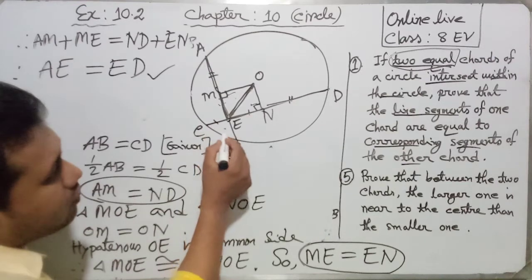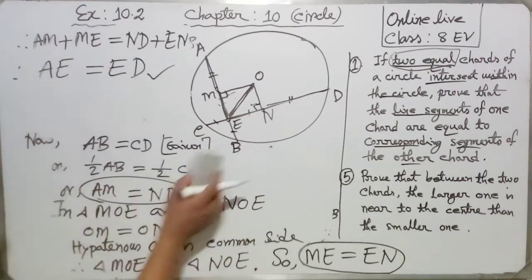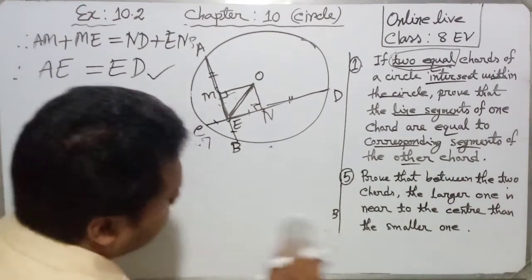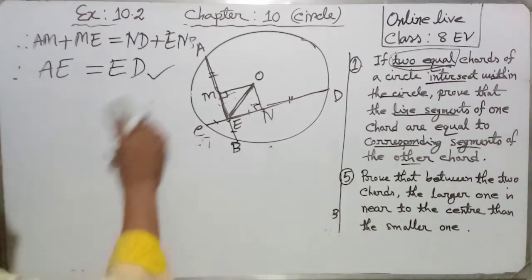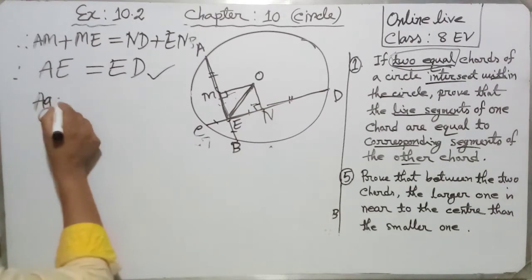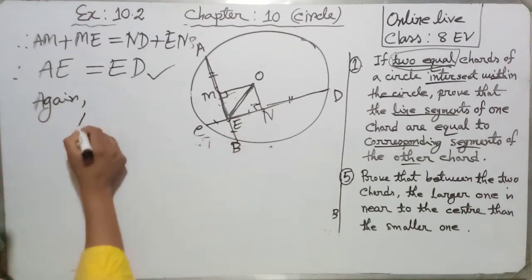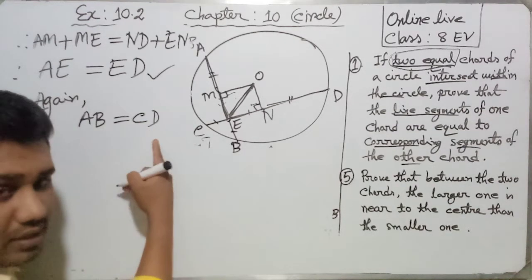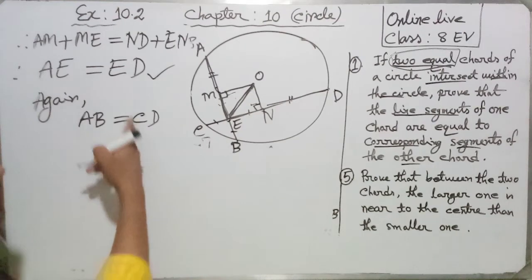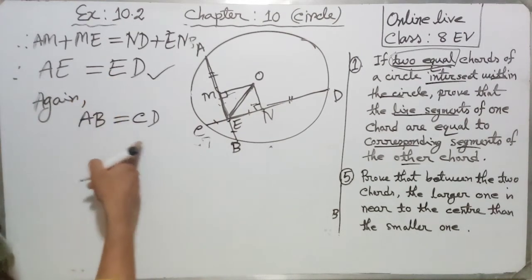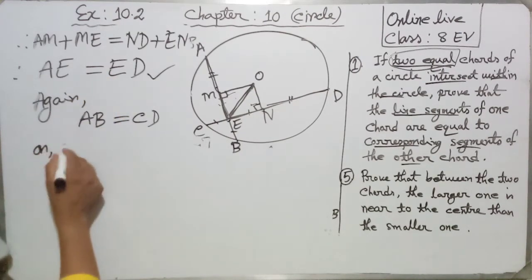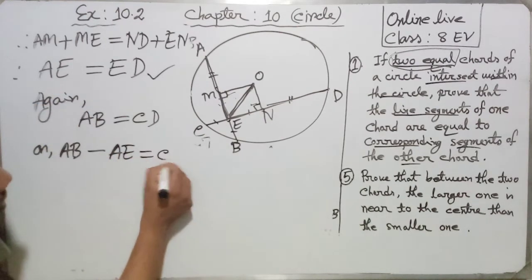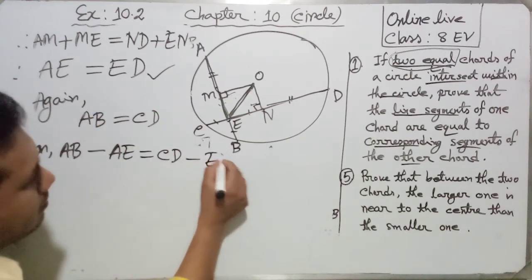Now another one, this one and this one, we have to prove them. Now dear students, we can write again, AB equals CD. This is our given part. Now if we subtract from AB equals CD, that means we can write AB minus AE, CD minus ED.